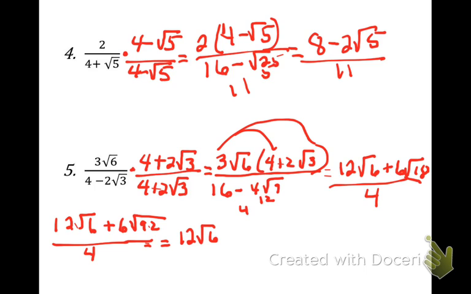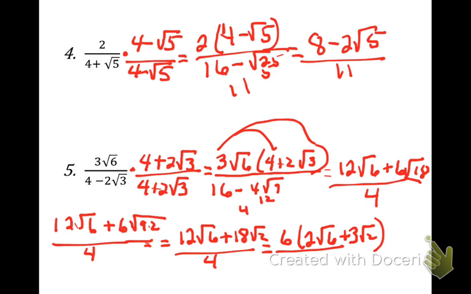If I take the square root of 9 is 3, but I bring it out and I already got the 6 here, so I need to multiply 6 times that 3 to give me plus 18 times the square root of 2 all over 4. Now you should notice that 12 and 18 have something in common, so I'm going to factor that 6 out that they have in common, so it's going to leave me 6 times the quantity, 2 times the square root of 6, plus 3 times the square root of 2, all over 4.